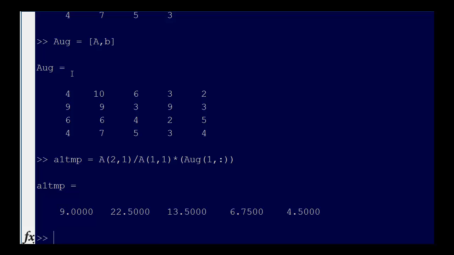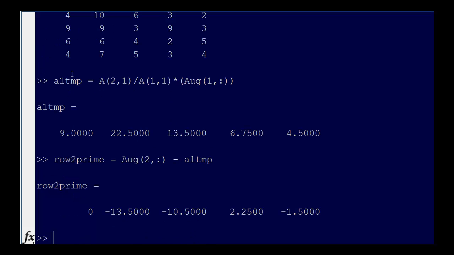All right, so now we've got that temp, and let's just say then A2 prime, so that's the second row. I could just say row 2 prime equals row 2 of the augmented matrix A, the whole second row, minus A1 temp. Okay, look.